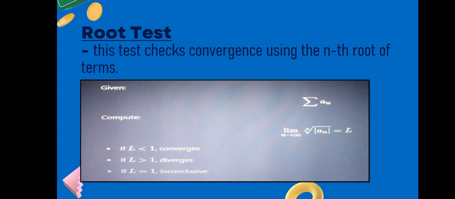So it is the same as in the ratio test, but for the root test we check the convergence using the nth root of the terms. So let's have our examples for you to understand.